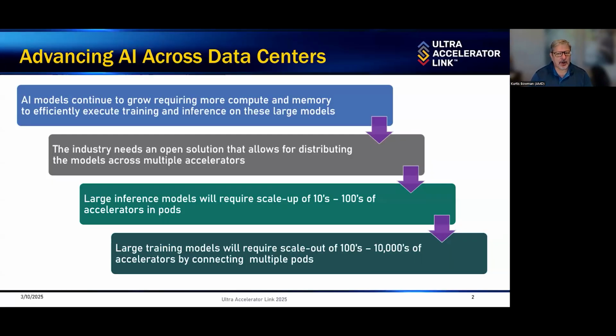To start out with a little bit about why we do it. UALink was created because we realized the AI models are continuing to grow, and they require more and more compute and memory. That's bigger than what you can get out of one accelerator or one GPU. So we looked for something that the industry could use.